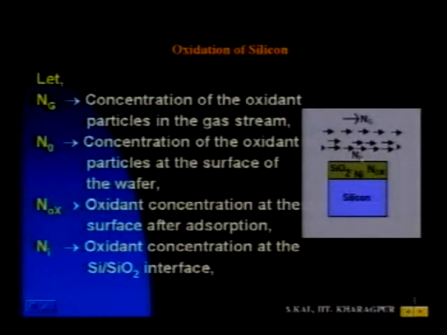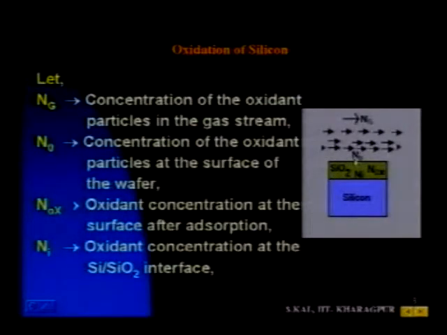Then at the surface of the silicon substrate, which you want to convert into silicon dioxide, the concentration of oxygen particles is N naught. So Ng is in the gas phase and N naught is at the surface. What is the difference of concentration?